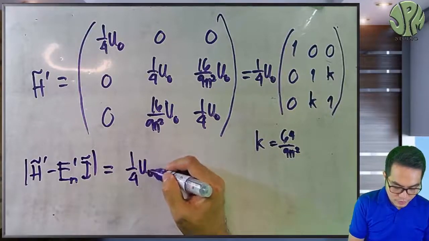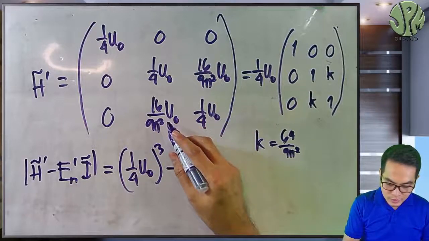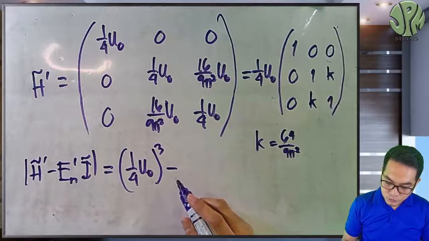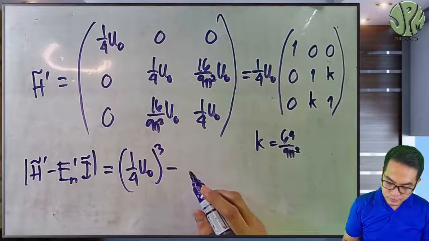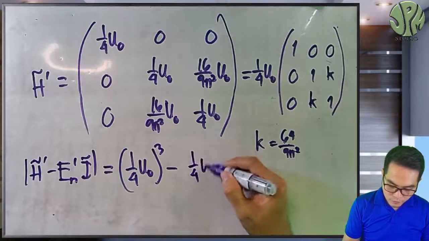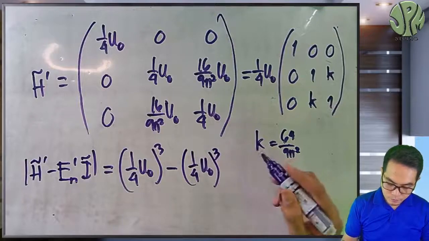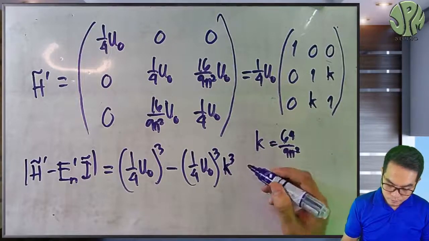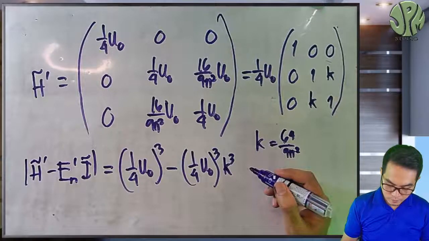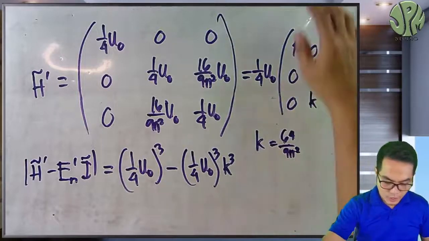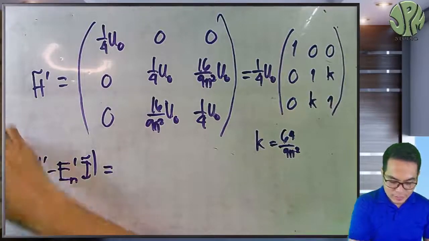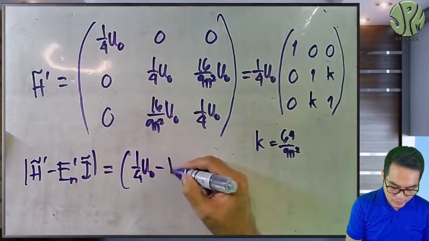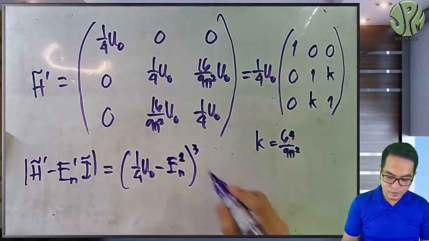Actually, if you find the determinant of H prime minus En1 I, it will look something like this. The diagonal terms are subtracted by En, so you will get 1/4 unit minus En1, cubed, then minus this term here.